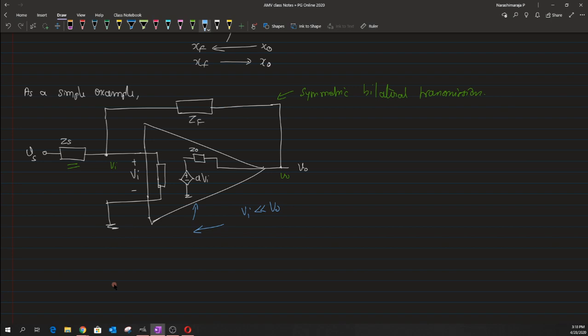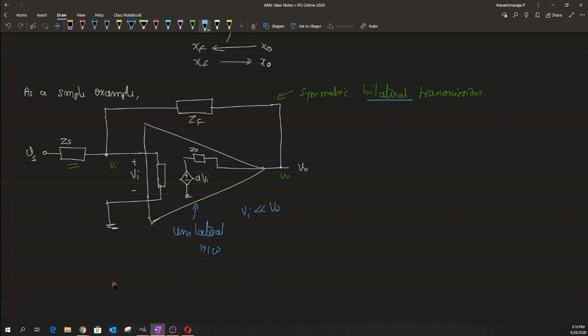So one could neglect that, and one could even assume that this basic amplifier is basically a unilateral circuit or a unilateral network. Whereas this feedback network in general will be a bilateral circuit or a bilateral network, due to which there will be a signal flow in both the directions. It cannot be modeled as a unilateral.